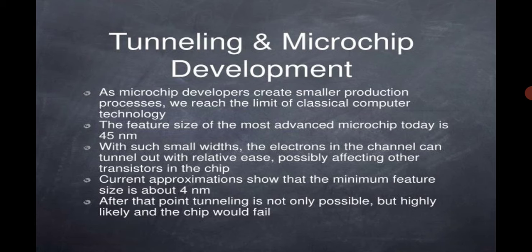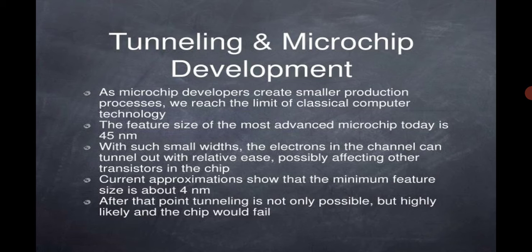Now, tunneling and microchip development. As microchip developers create smaller production processes, we reach the limit of classical computer technology. The feature size of the most advanced microchip today is 45 nanometer, and a nanometer is 10 to the power minus 9 meter. This is a very small scale, at the electron level.